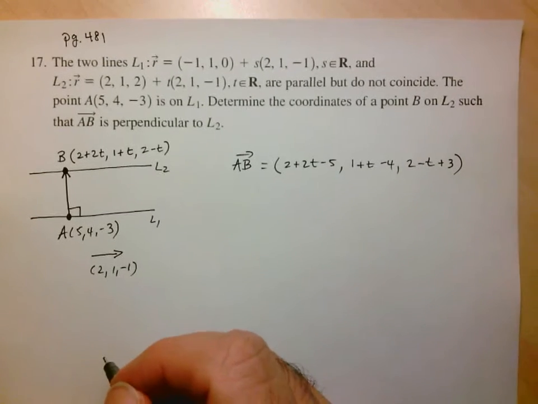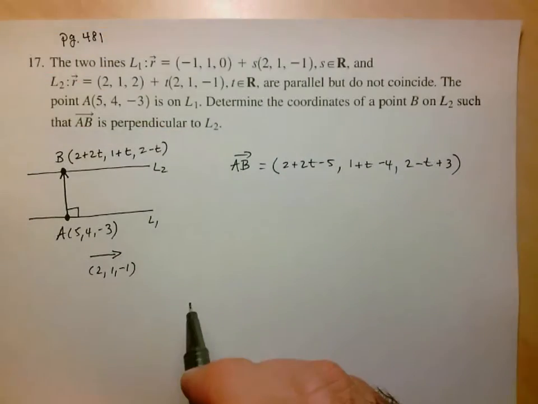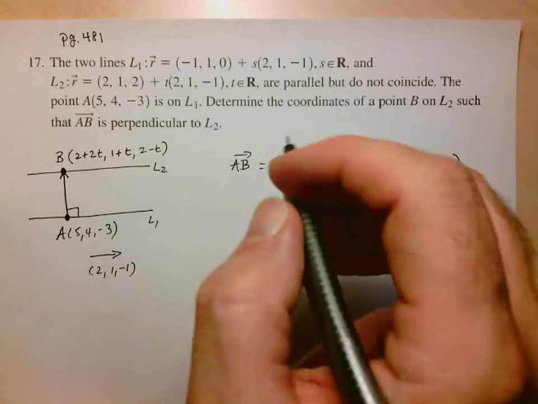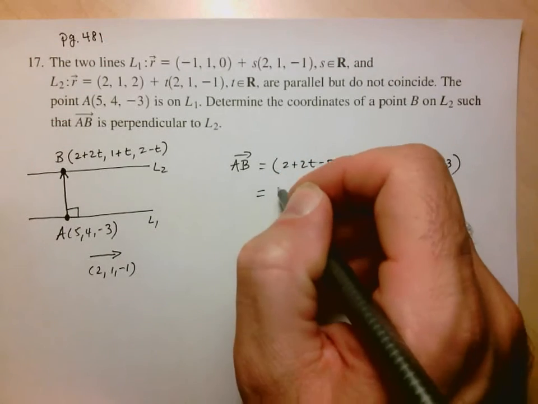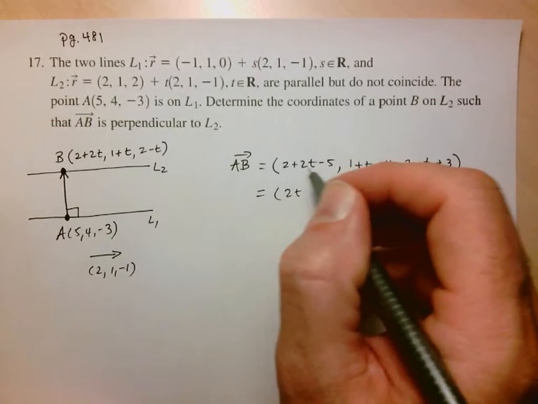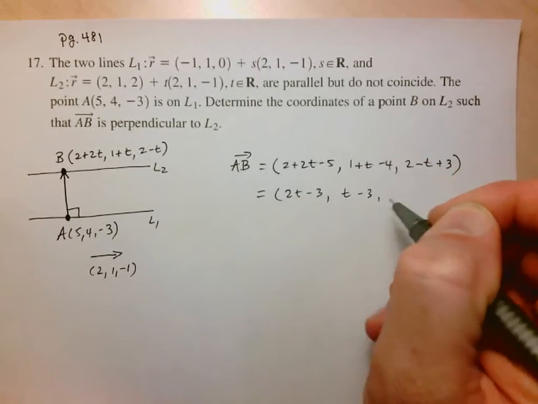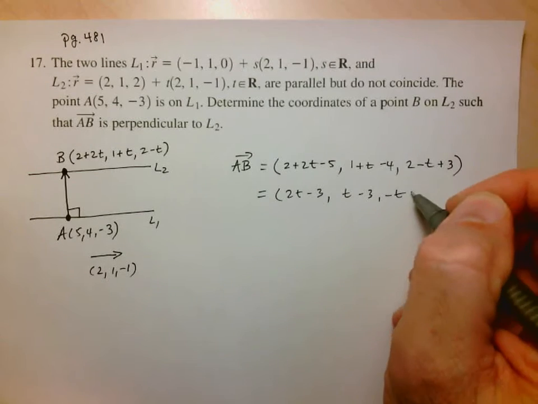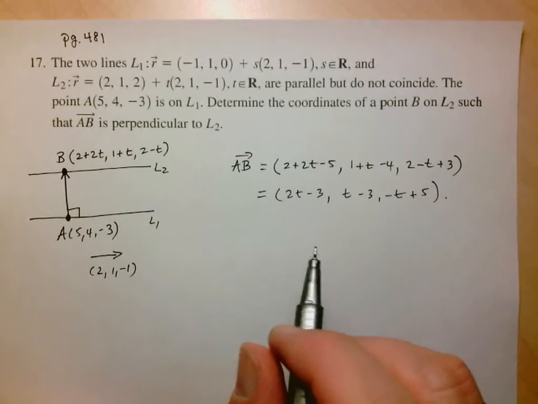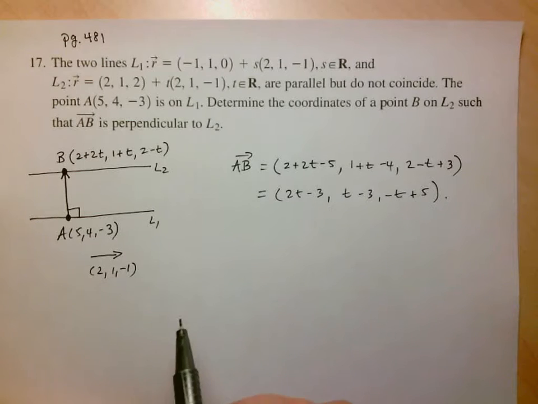That's the vector AB with that one unknown. Let's clean this up. What do we got? 2t, 2 minus 5 is -3, t, 1 minus 4 is -3, and -t, 2 plus 3 is 5. So vector AB can be represented by this vector here.